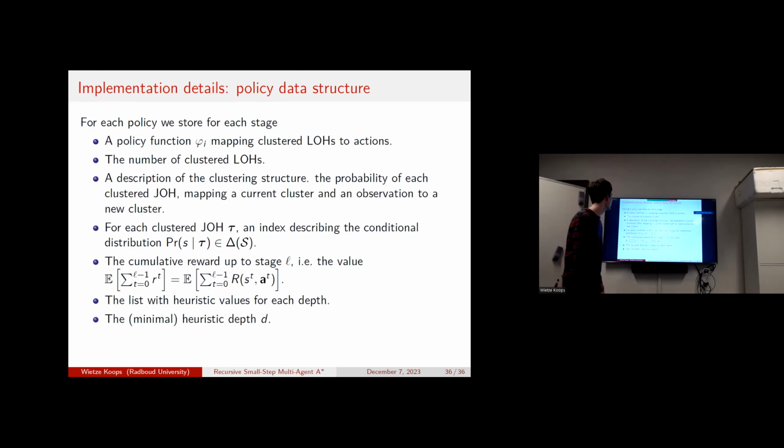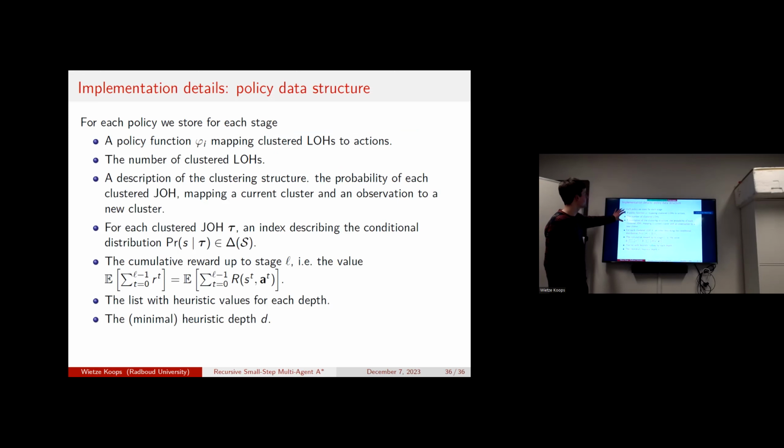So in the end, to make it more efficient, you really have to store a couple of things for every node. Of course, we have to store the policy. And because we're doing clustering, you also need to store the clustering structure, so that you know which clustered local observation history actually corresponds to which actual observation history.